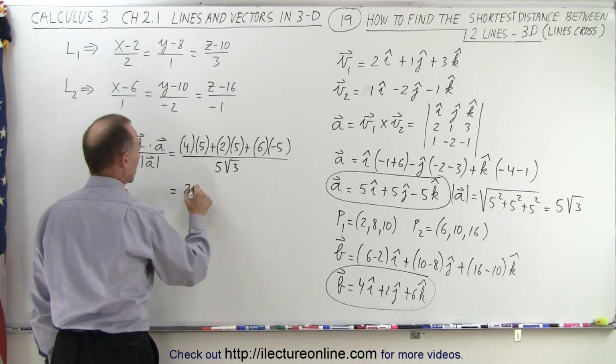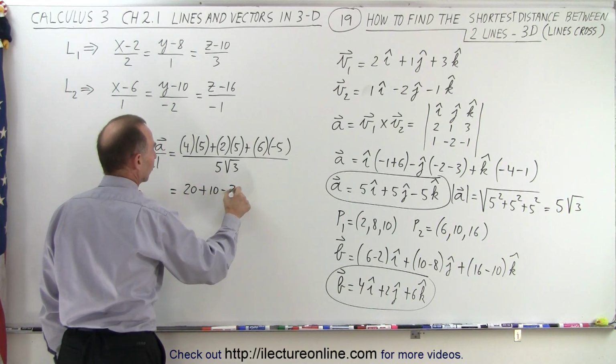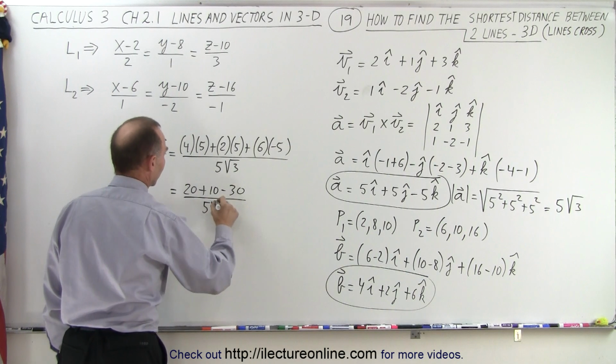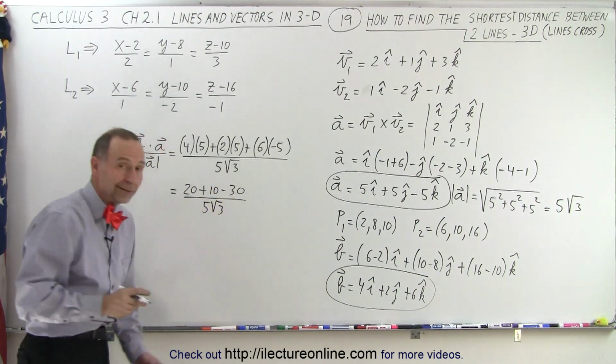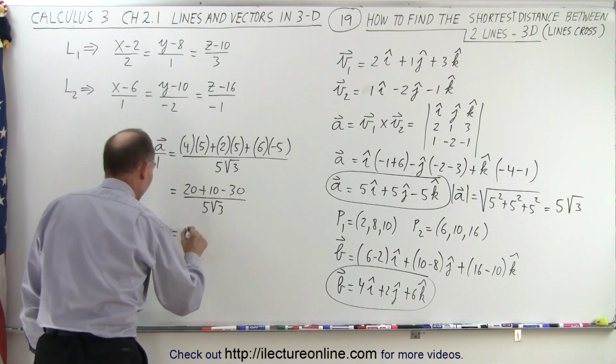So this is equal to 20 plus 10 minus 30 divided by 5 times the square root of 3. And of course, when you look at the numerator, it's 30 minus 30, which is 0.